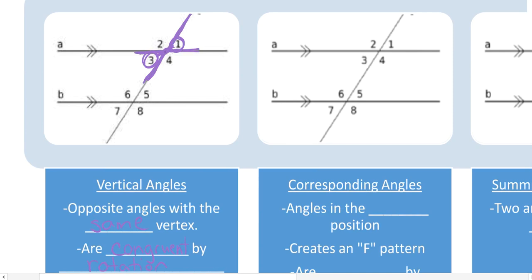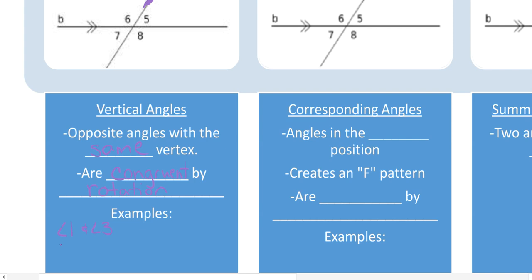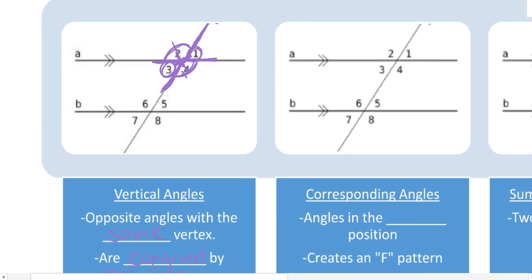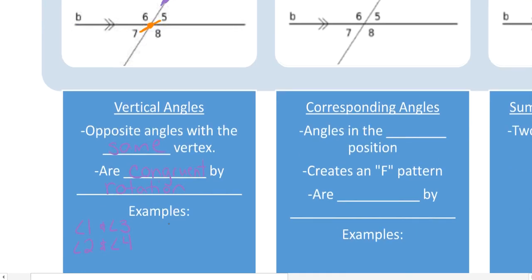Using that same vertex, I can also see that angle 2 is opposite angle 4. So angle 2 and angle 4 are also going to be congruent via rotation. If I move to my second line, I have a second vertex right here, and angle 5 and angle 7 are opposite each other.